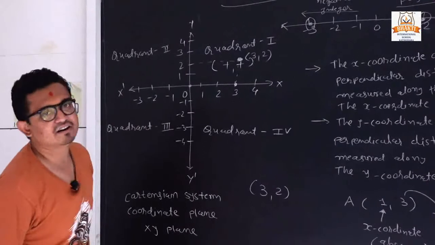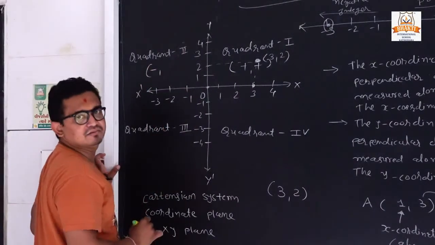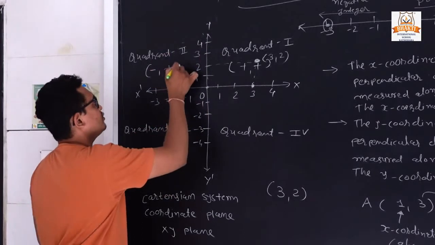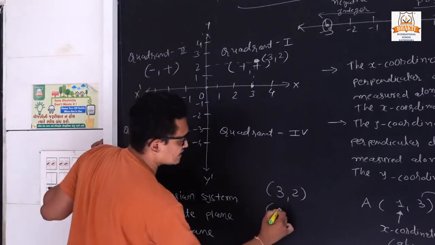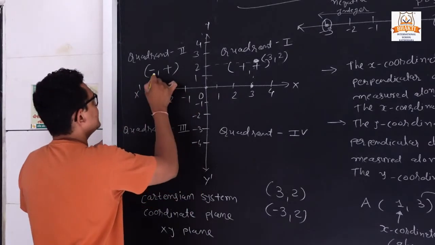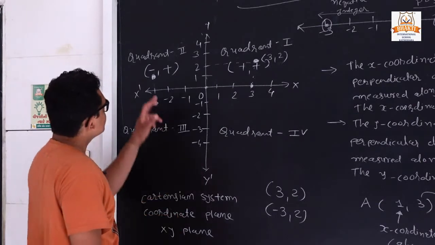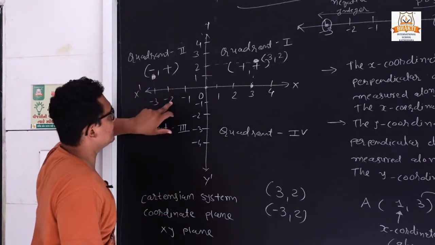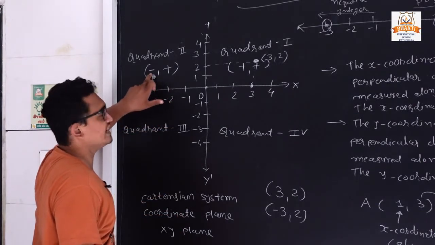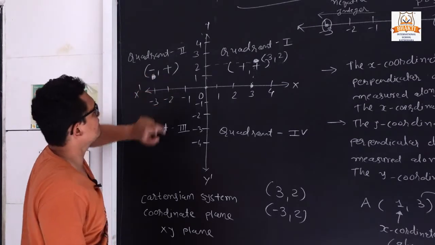Now the second quadrant. In the second quadrant, x has a negative value and y has a positive value. Suppose we take the example -3, 2. So it is here, -3, 2. It means that in the second quadrant, the x coordinate is always a negative integer and y is always a positive integer.